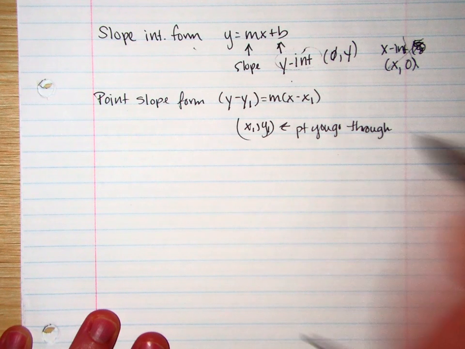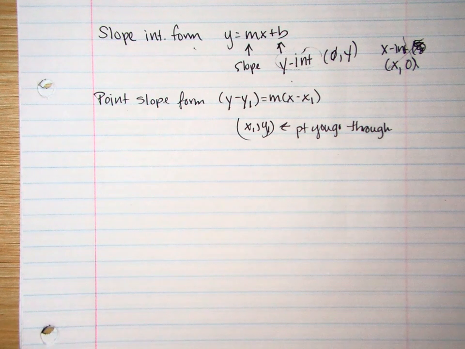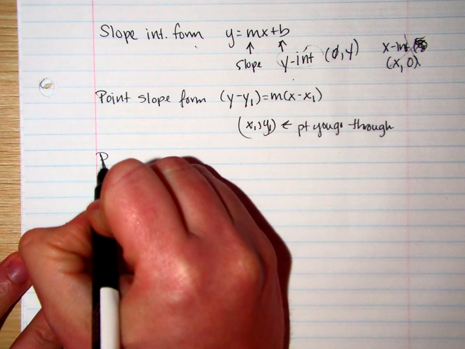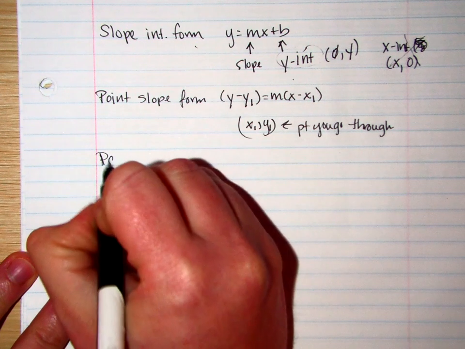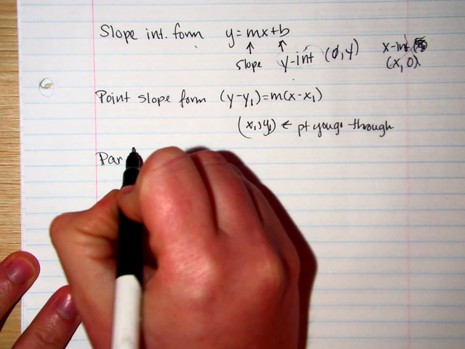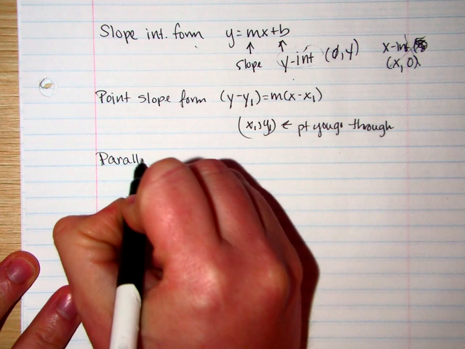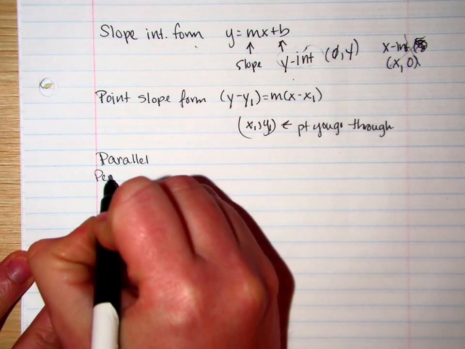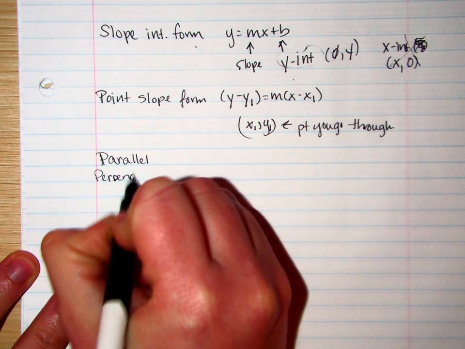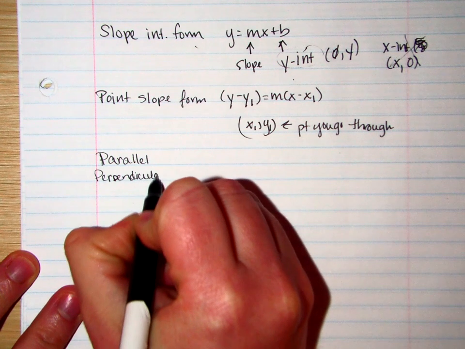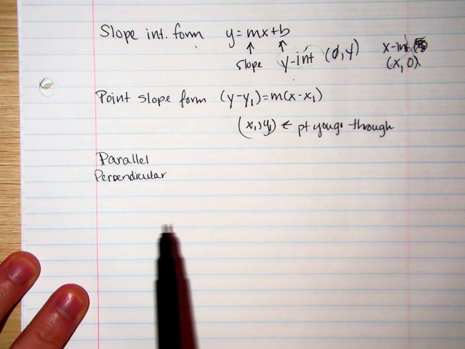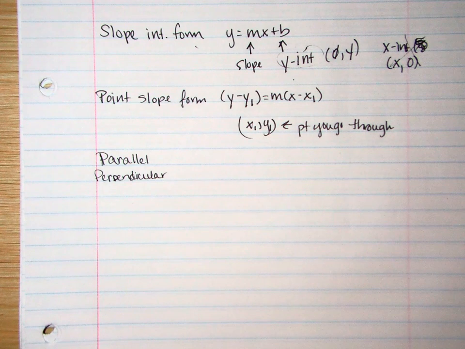The other thing when you're writing equations, let's review from Algebra 1, is parallel lines. Because we could just give you slope, but then we can also throw curveballs at you about parallel and perpendicular lines. Based on geometry, perpendicular lines intersect to form 90-degree angles. So these are opposite reciprocals.